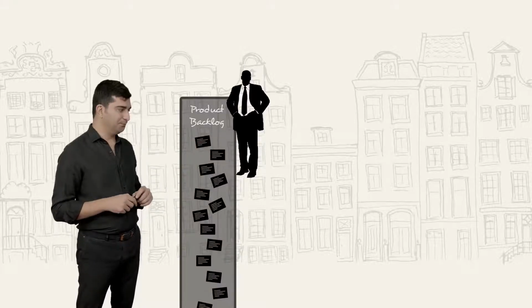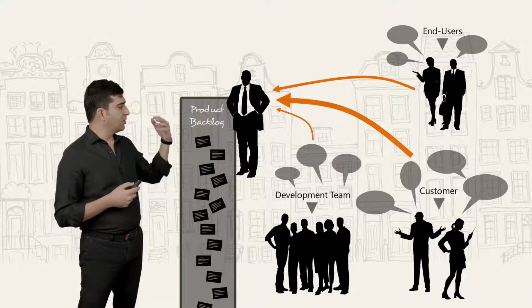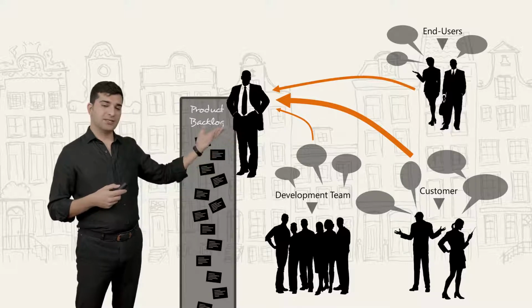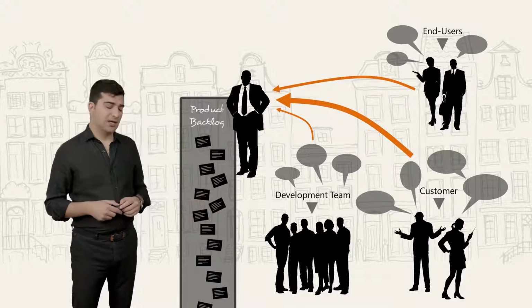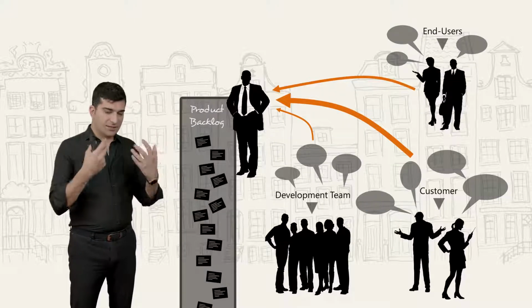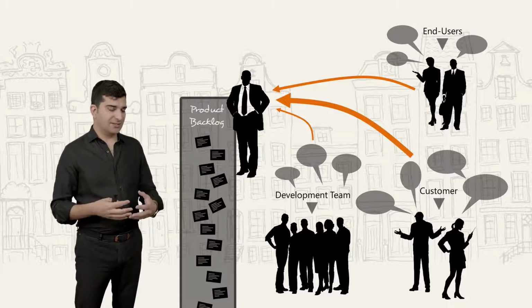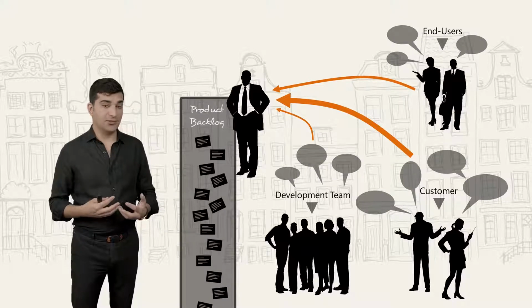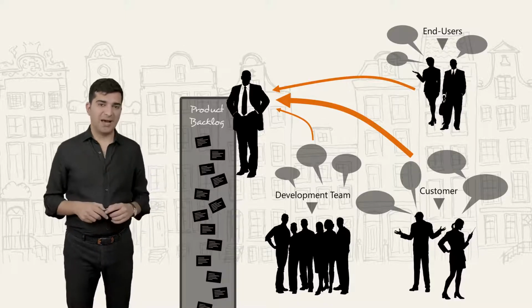All right, so you go there and talk to the customer, to the end user representatives, and even sometimes to the development team, and understand what they want, what they need. Based on that understanding and the analysis that you do, you will create the items in the product backlog.